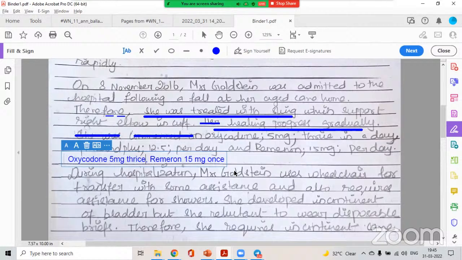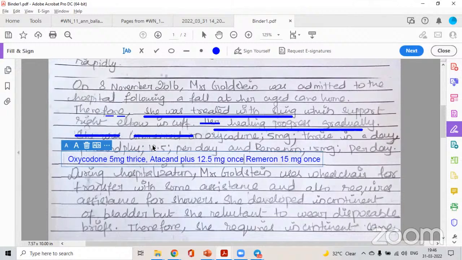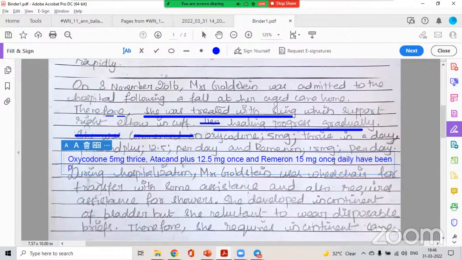Oxycodone 5 mg thrice, Remeron 5 mg once, and then next, 12.5 mg once, and Remeron 15 mg once daily have been prescribed, have been commenced.